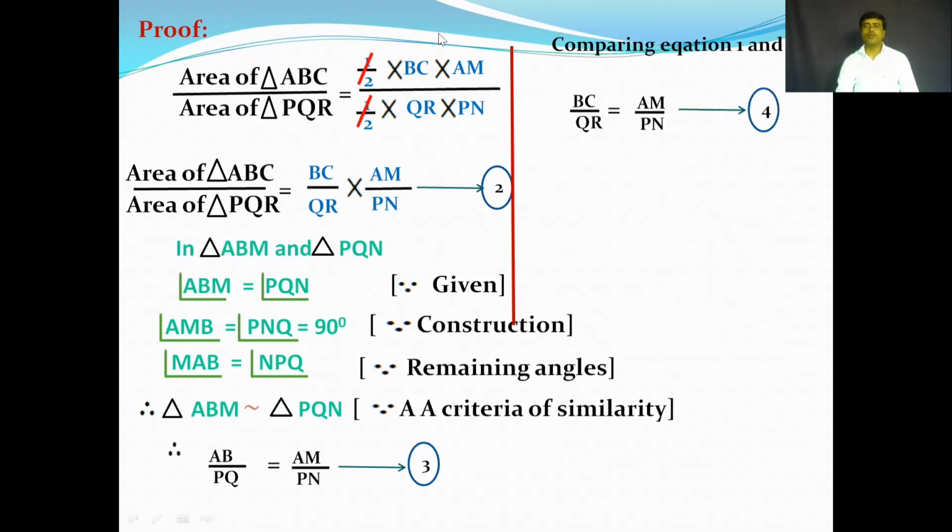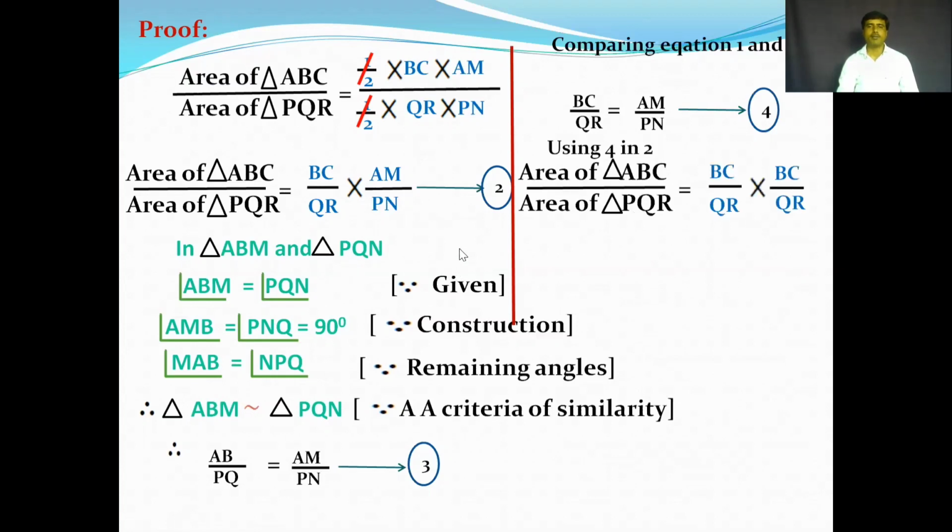Now, use equation number 4 in equation number 2. Wherever you are finding BC by QR, you can replace it as AM by PN or vice versa. Wherever AM by PN is there you can replace it as BC by QR. Am I right? So using equation 4 in 2, I can write area of triangle ABC divided by area of triangle PQR is equal to BC by QR into, replace AM and PN as BC by QR using equation 4.